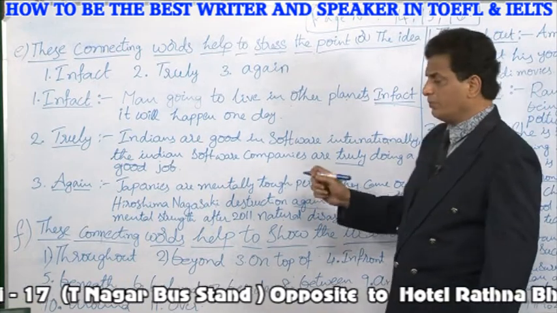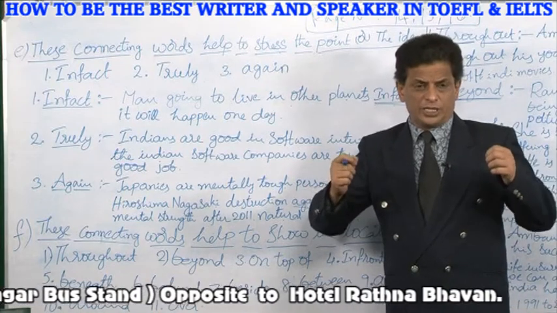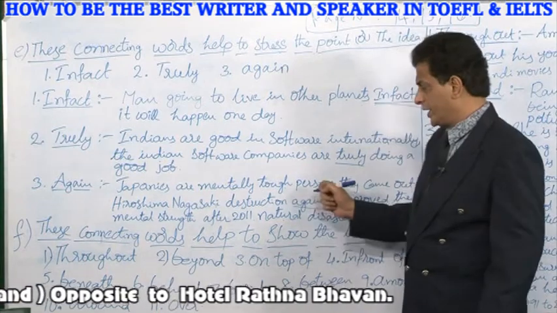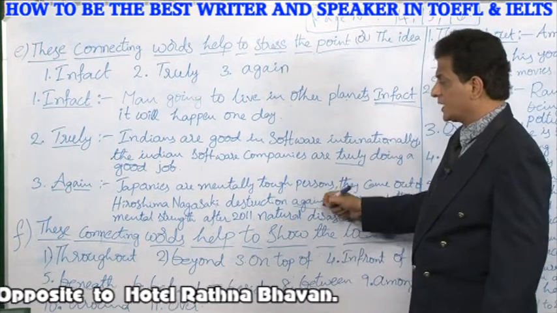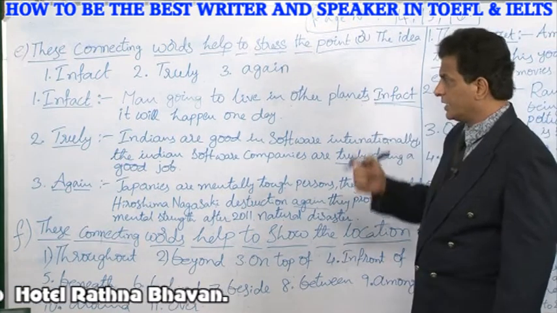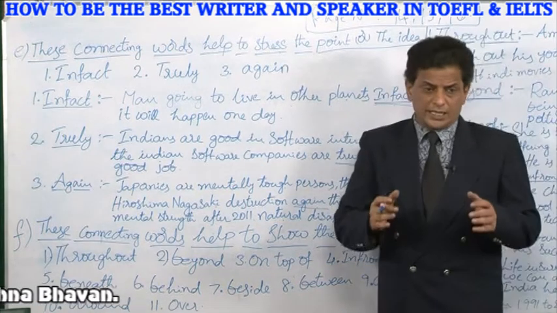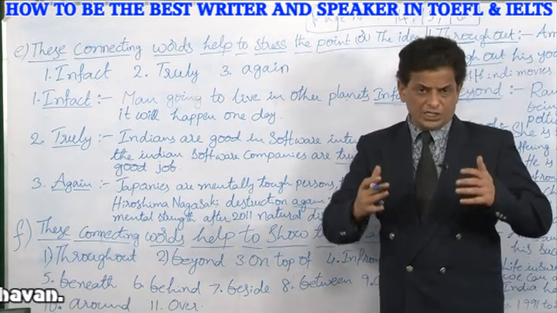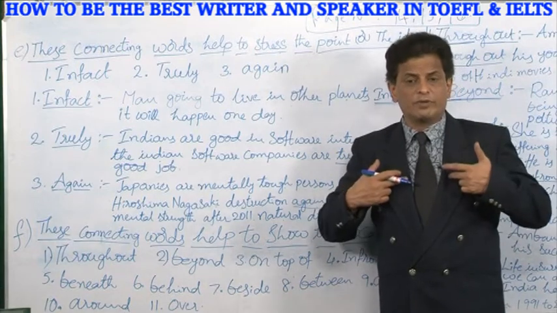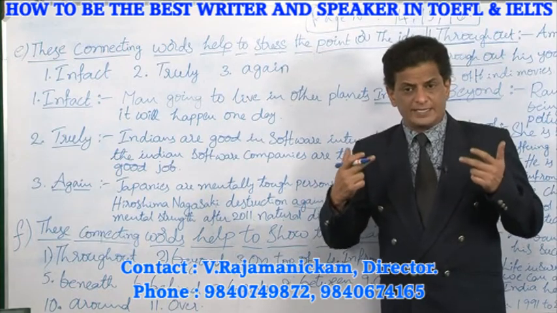So you want to make sure and tell your audience and readers that Japanese are tough people. You give another example to say that they are very powerful, mentally tough persons. So these words, in fact, truly and again, clearly show that you are stressing the point again and again. You are very strong on the idea and you want your audience to feel the same.